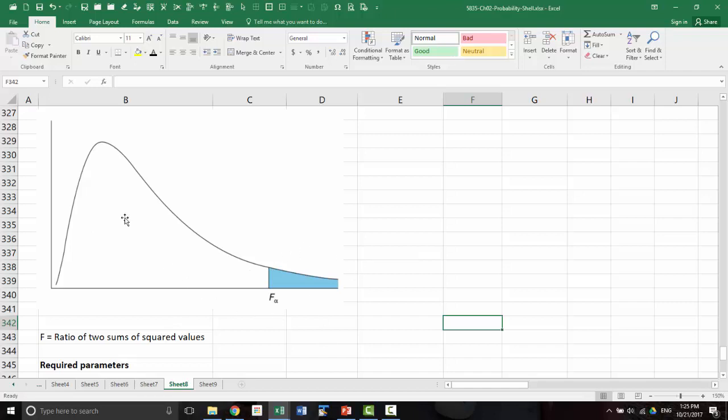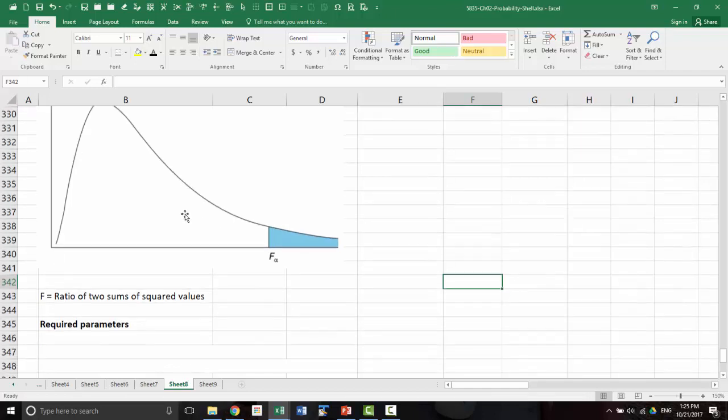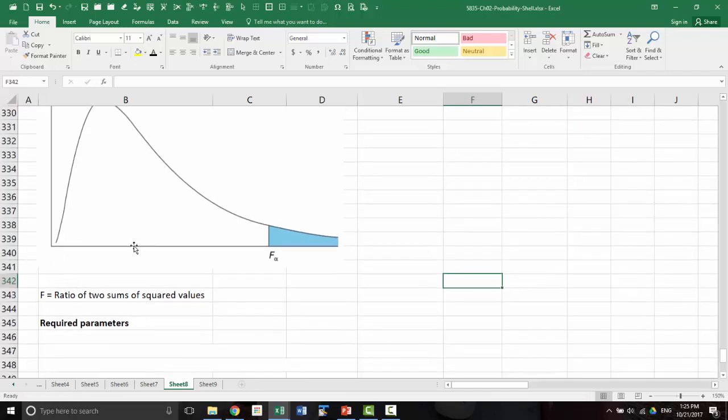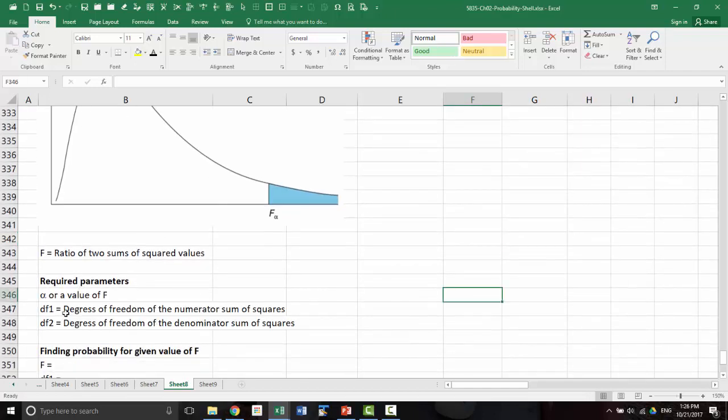The parameters required for finding probabilities using the F distribution are these: you have the F value, which is the ratio of two variances or two sums of squares, and then you will have two degrees of freedom.